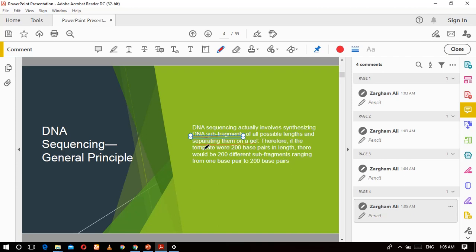Therefore, if the template were 200 base pairs in length, there should be 200 different subfragments ranging from 1 base pair to 200 base pairs. This means that if we have 200 base pairs, then there should be 200 fragments having different lengths, different sizes, like one base pair and another 200 base pairs.